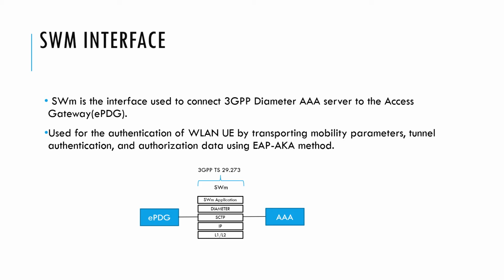Certain parameters are required to be transferred in order to do the authentication, so for that particular purpose, we need this interface. Certain parameters are sent from the EPDG to the AAA, and AAA also sends the challenge towards the UE using this. So this is the high level function basically of this interface.